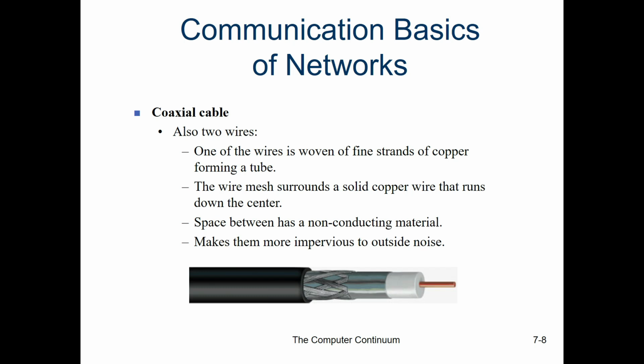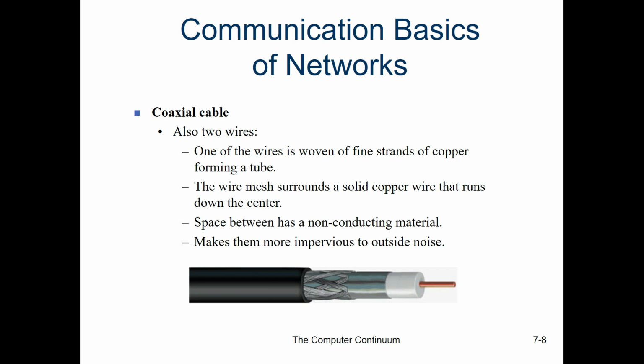I think it's not being used nowadays, but it used to be a very groundbreaking technology. One of the wires is woven of fine strands of copper, forming a tube.